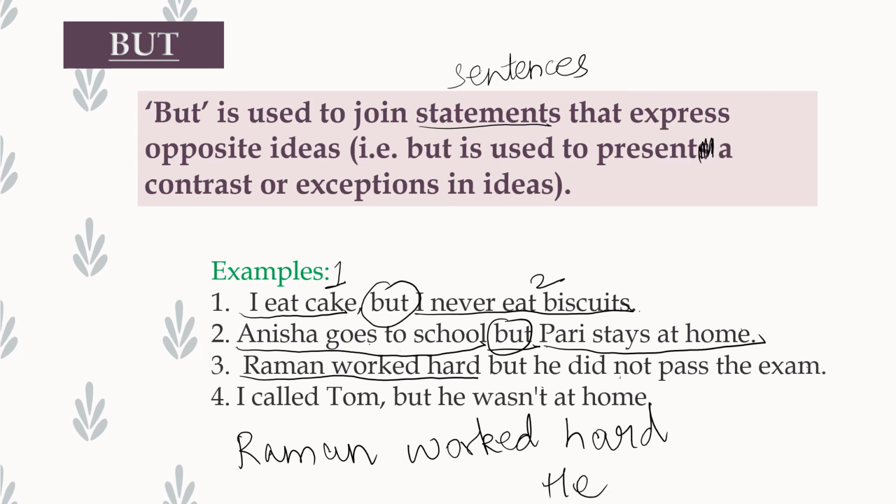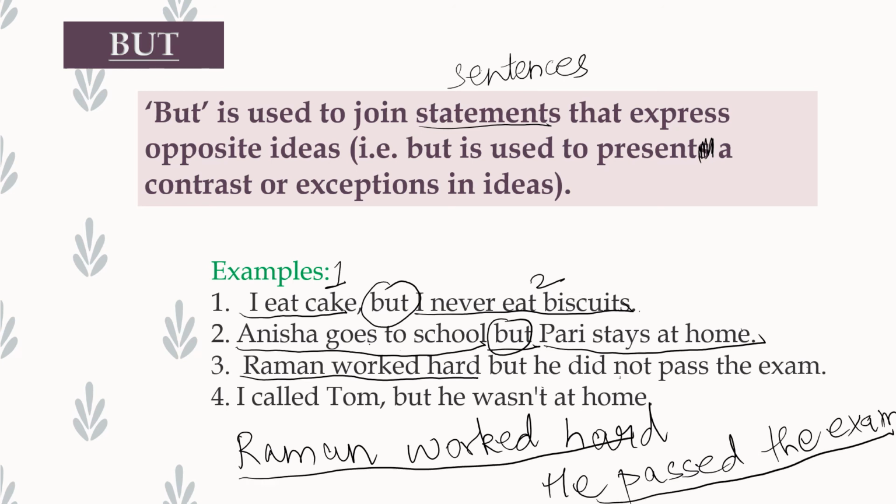He passed the exam. So if this would have been the sentence, then we would have applied because, दोनों से similar meaning में जा रहे हैं ना, कि उसने काम किया और उसने एग्जाम पास कर लिया, then we would have added and to it, because similar meaning जा रहा है कि अच्छा उसने काम किया, positive thing है, और उसका एग्जाम पास हो गया, that's also similar meaning to it. But they are saying Raman worked hard but he did not pass the exam.